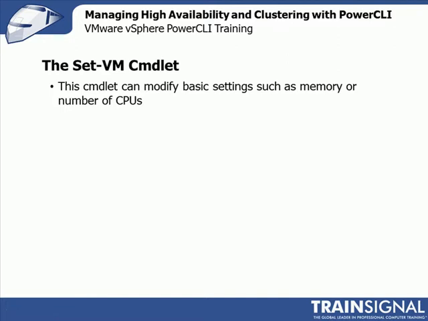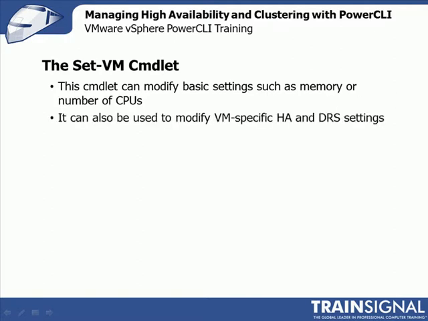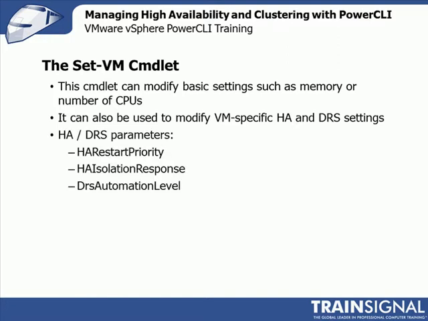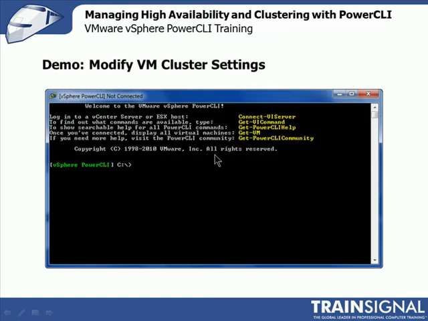So what we talked about previously was how you can use it to modify basic settings such as your memory or number of CPUs in the virtual machine. It can also be used to modify these VM-specific HA and DRS settings, which I just showed to you. So the properties related to HA and DRS are HARestartPriority, HAIsolationResponse, and DrsAutomationLevel. Let me bring a shell up and I will show you exactly how to do that.